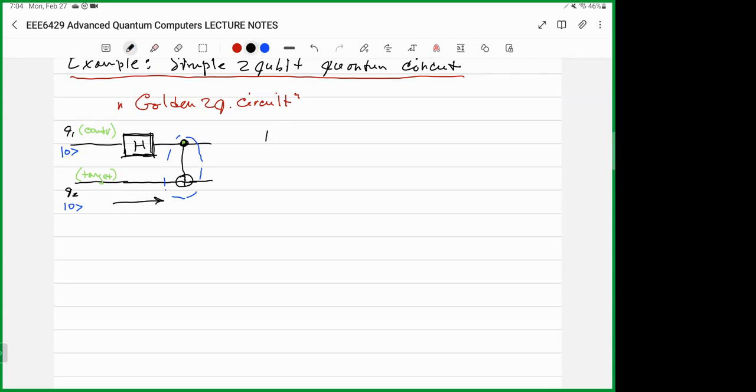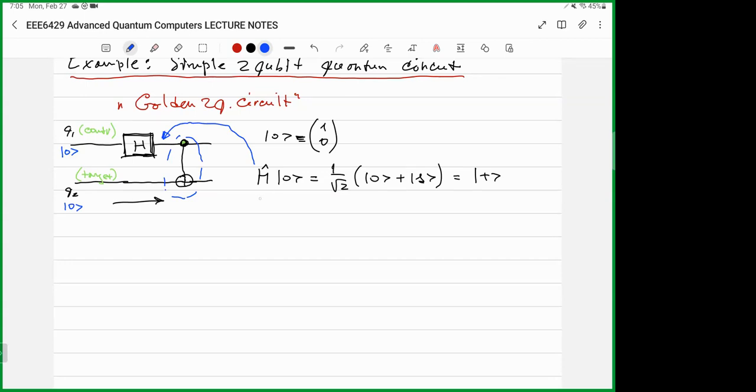The state 0 is this column 1, 0. The application of the Hadamard gate on state 0 creates the superposition of 0 and 1, which is state plus.